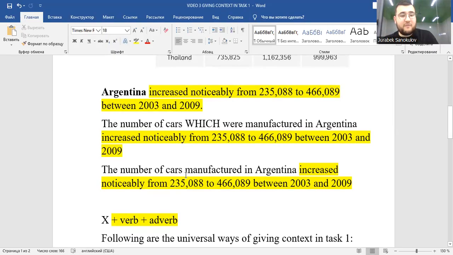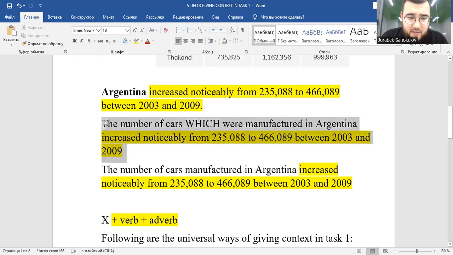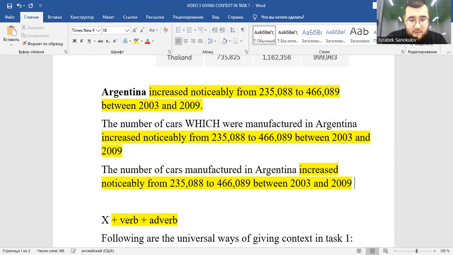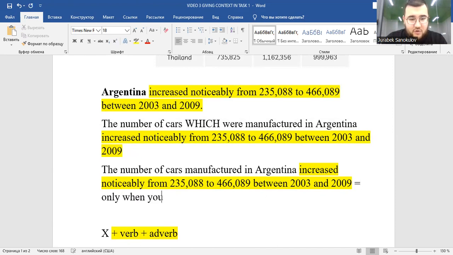So you can say the number of cars manufactured in Argentina. That makes total sense. The same thing with the previous sentence, only when you are using passive tenses. With active tenses, however, it's going to be different.